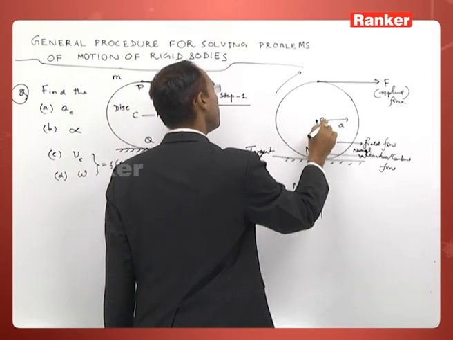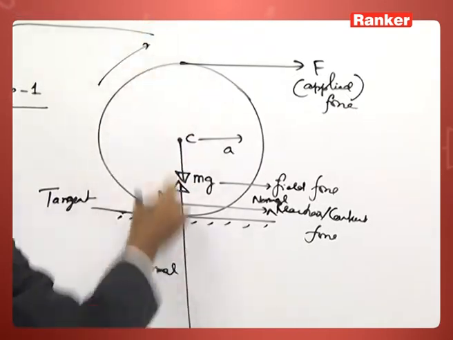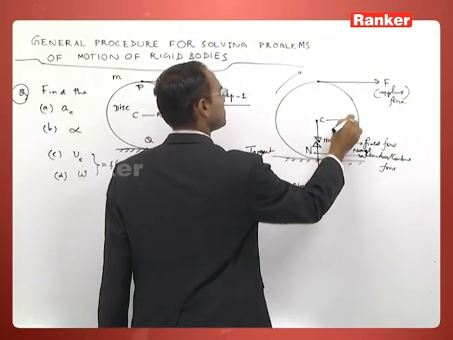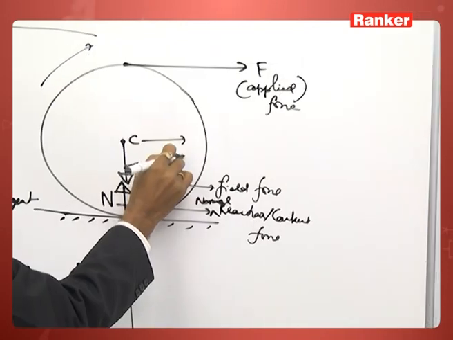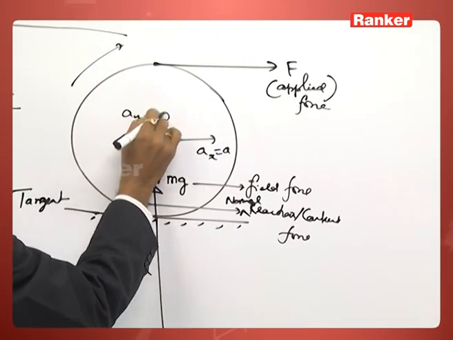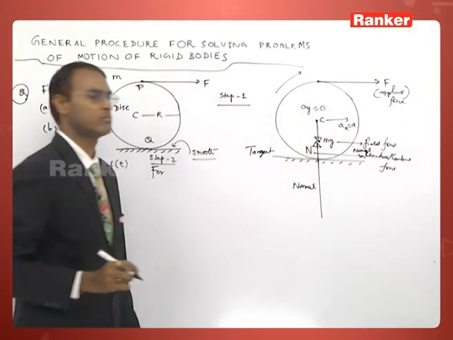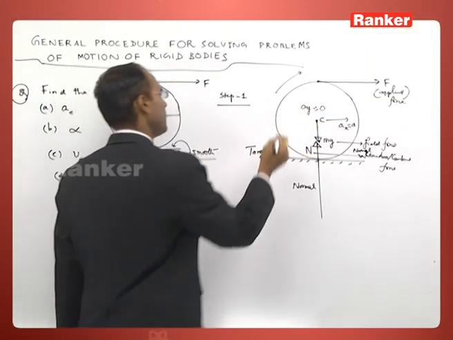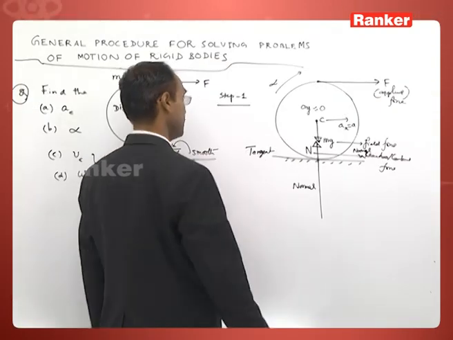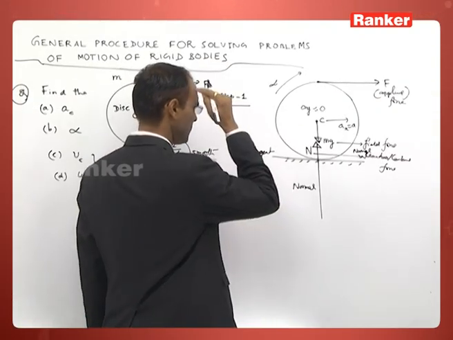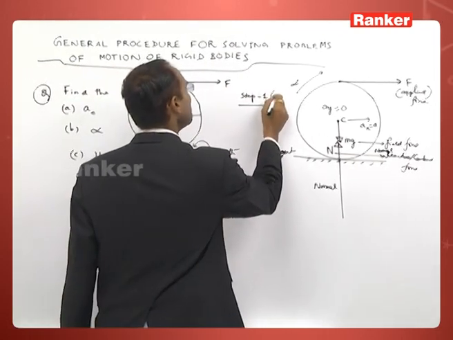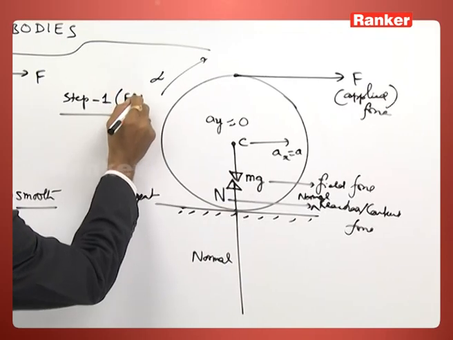So there is no motion along the y direction or normal direction. So a_x is equal to a and a_y is equal to 0. And alpha is assumed in the clockwise sense. Now step 1, that is the free body diagram, is over.